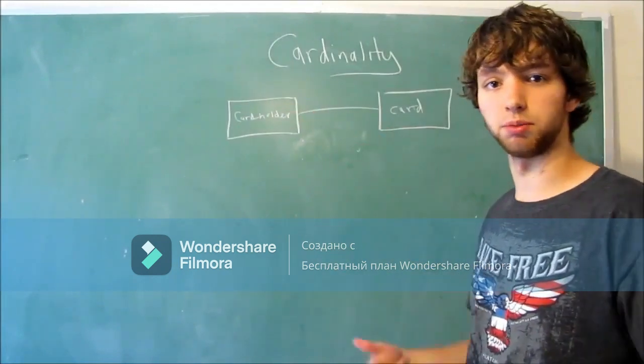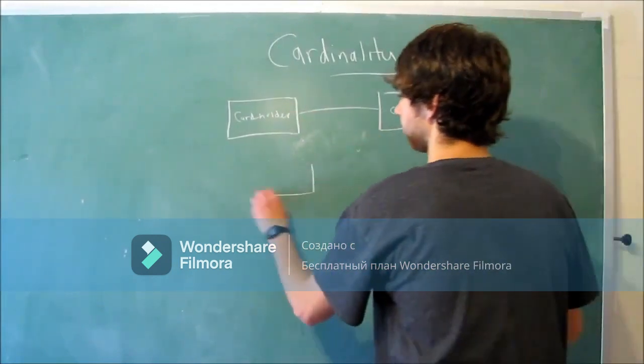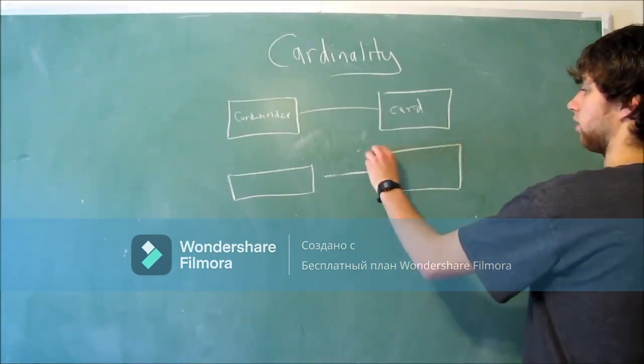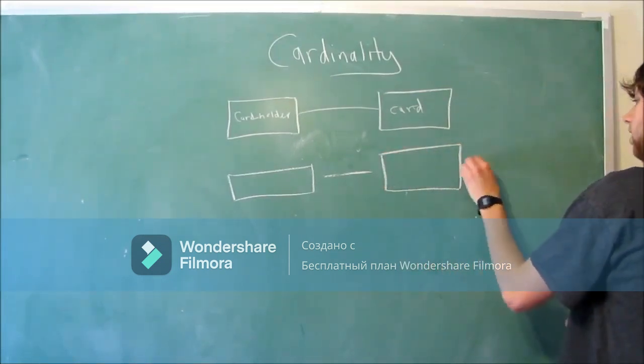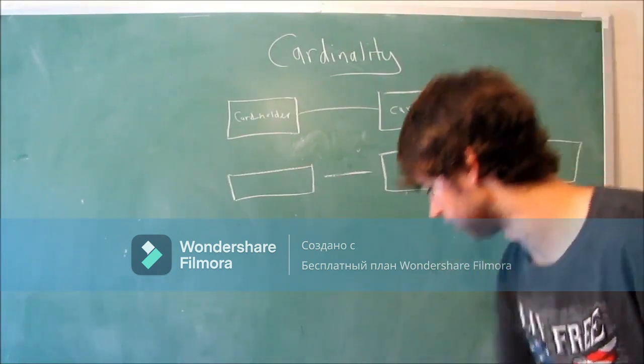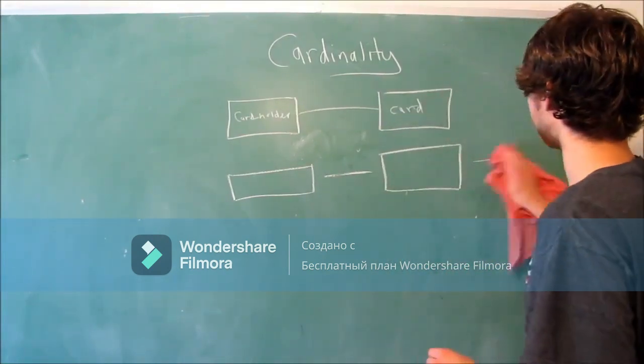Then when we actually implement that in a database, we would have to have a card holder, card holding table, and then the cards table. That would be how to draw a many-to-many relationship. So hopefully that makes sense.